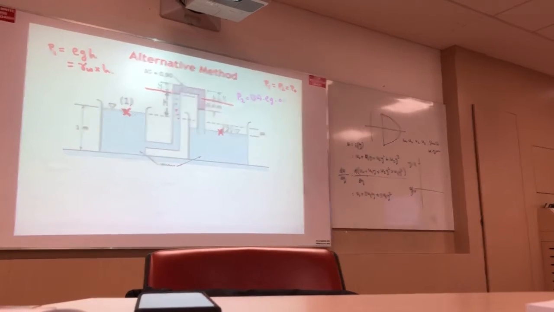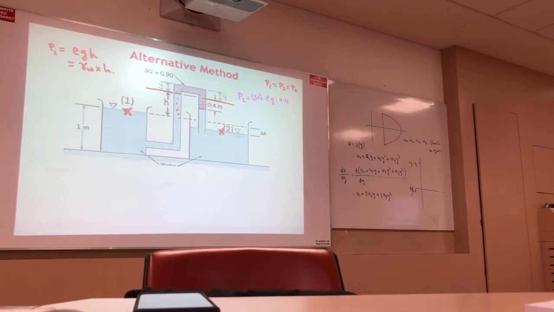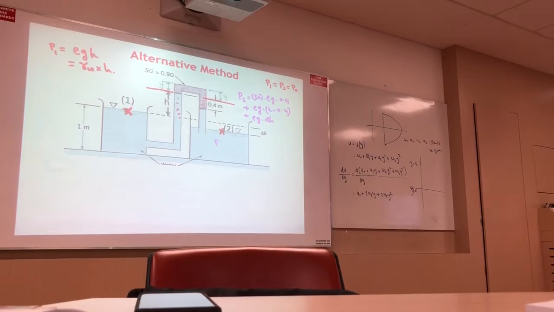H plus 3.4 plus rho g of water times h minus 0.4, correct? Plus rho g delta H. So what can I write?